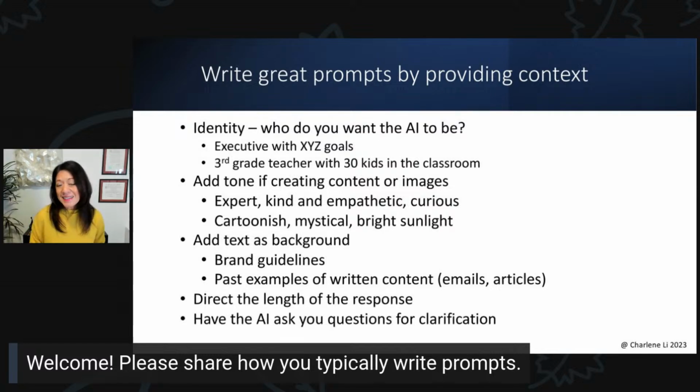You can then add text as background. Again, remember, there's a big, huge chat box there for you to put content in there. So, for example, I'll sometimes put in examples of my writing, emails. If I'm writing an email, I'll put in examples of my email. Like, hey, we're going to be writing some emails to some people, and these are sample emails of how I write, or sample articles of how I write.